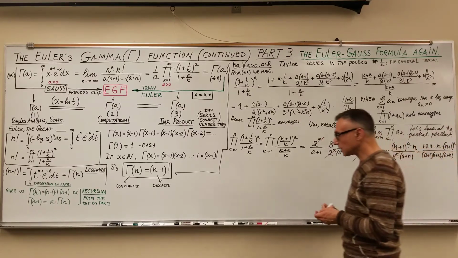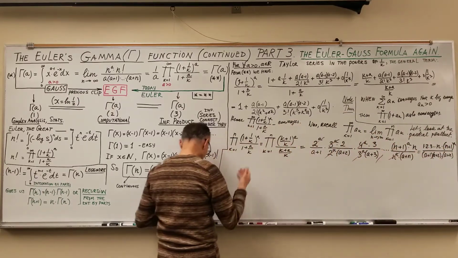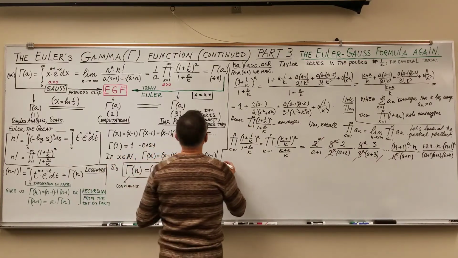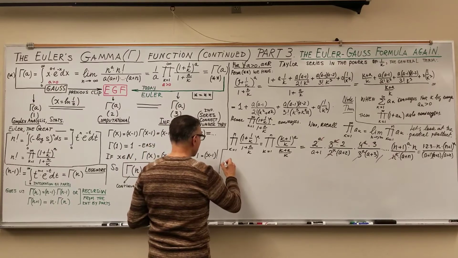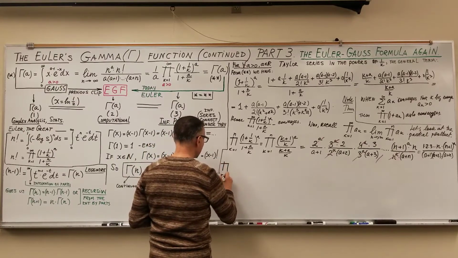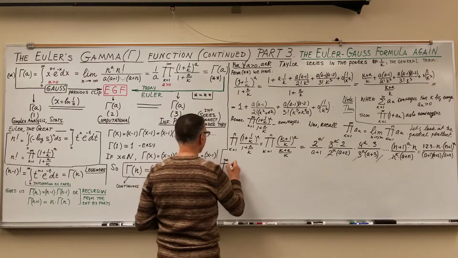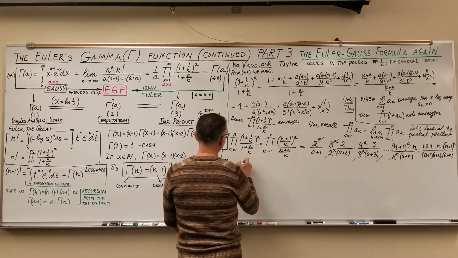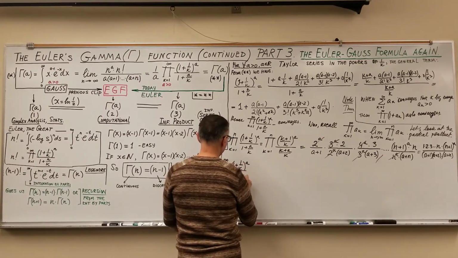This is my partial product. Now, my infinite product is actually equal to the infinite product k from 1 to infinity of (1 plus 1 over k) to the power of a over (1 plus a over k).